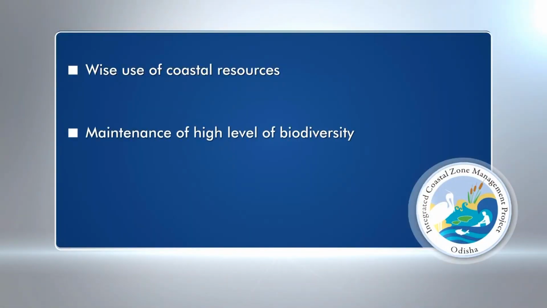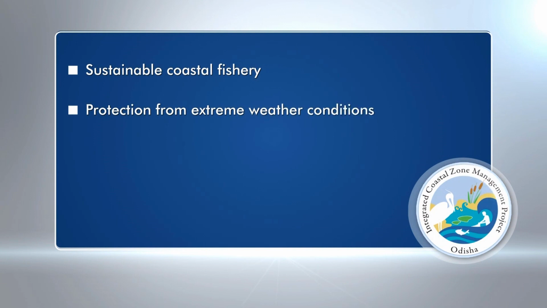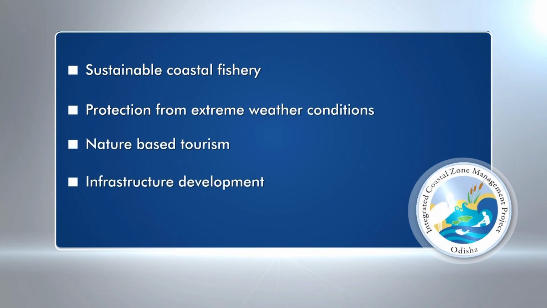So as to ensure wise use of coastal resources, perpetual maintenance of high level of biodiversity of critical habitats, and to maintain their ecological integrity, including sustainable coastal fishery, protection from extreme weather conditions, nature-based tourism, and infrastructure development.